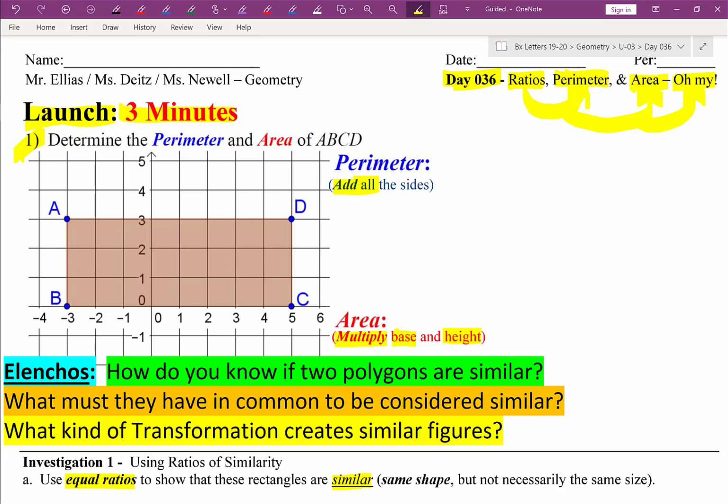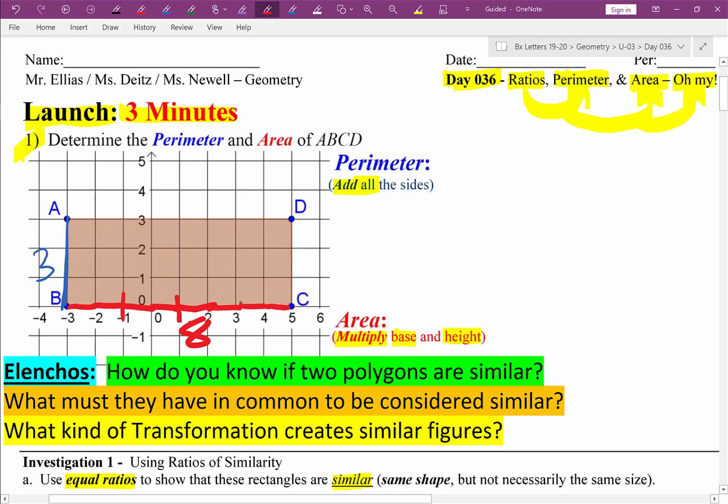All right. So in this figure, we have a height of 3 and a base of 1, 2, 3, 4, 5, 6, 7, 8. 8, right? 2, 4, 6, 8. So the perimeter will be all the sides added together.